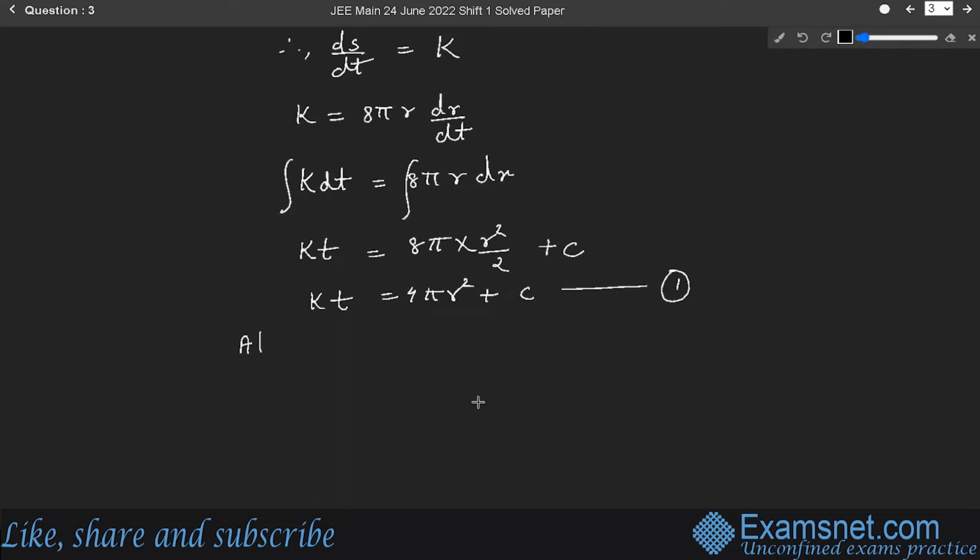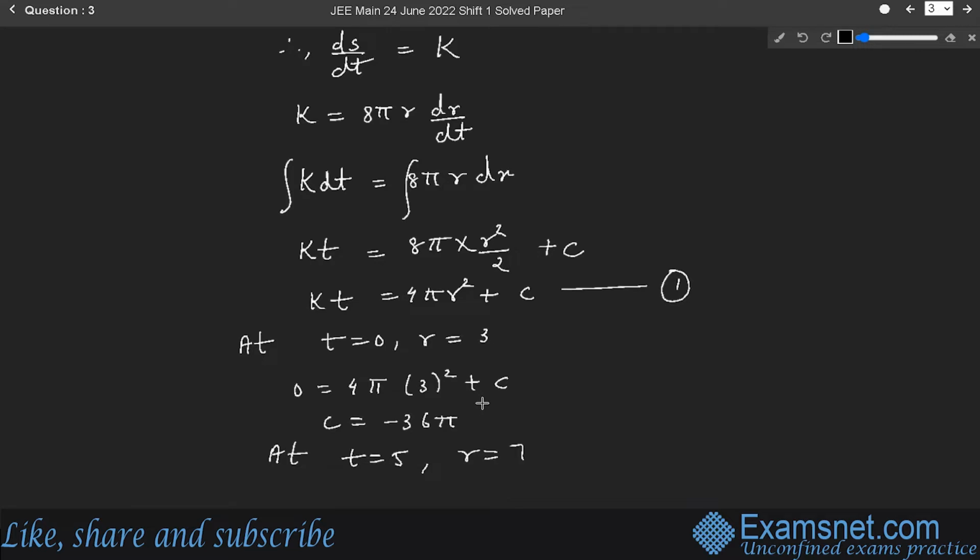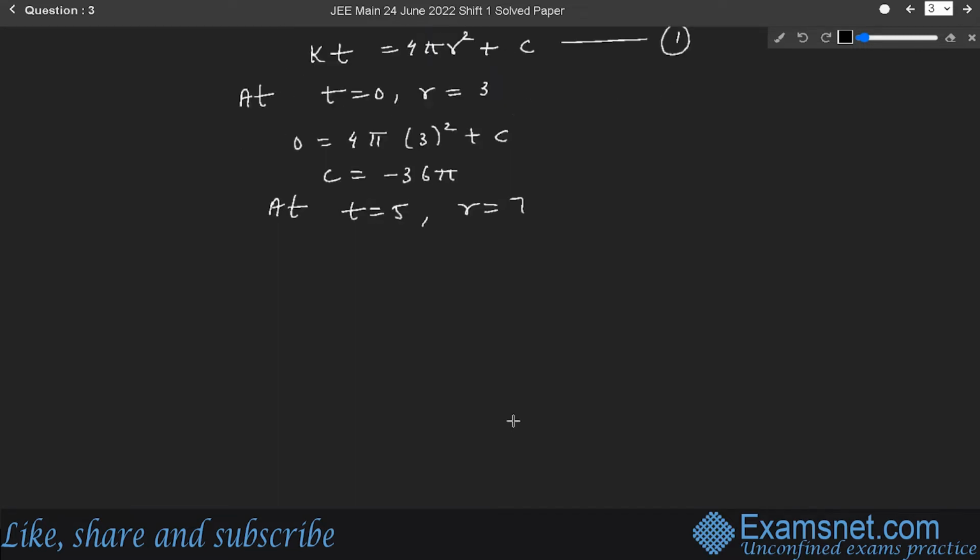It is given that at t equal to 0, radius r is equal to 3. So putting this value, we get 0 is equal to 4 pi into 3 square plus c. So c will be equal to minus 36 pi. It is also given that at t equal to 5, radius r will be equal to 7. So again, substituting the values, we get k into 5 is equal to 4 pi into 7 square minus 36 pi.